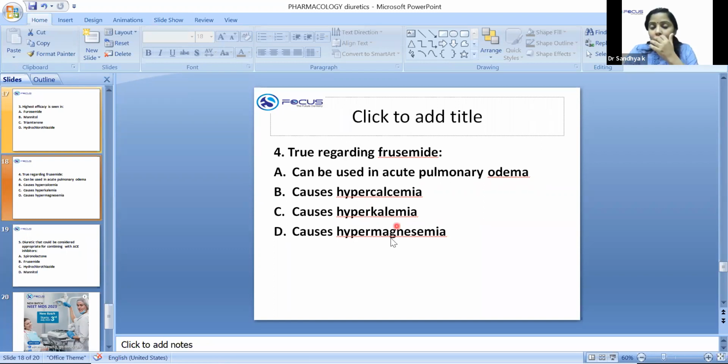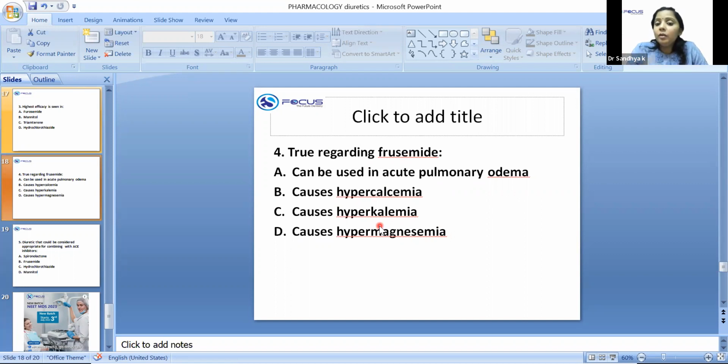Now, just imagine that if you know only that, then how will you attempt this question? Because you don't know anything about left ventricular failure or pulmonary edema. You just know frucimide is causing hyponatremia, hypokalemia, hypomagnesemia. That is the normal thing you will get regarding frucimide from our UG knowledge or from your pharmacology classes.